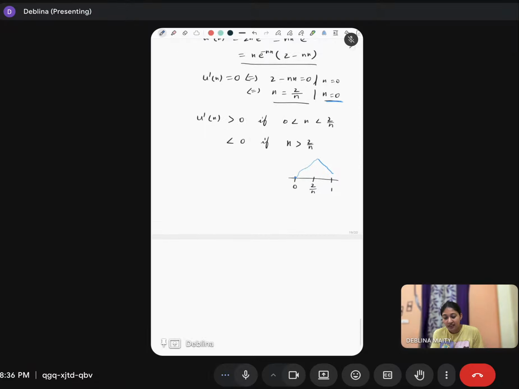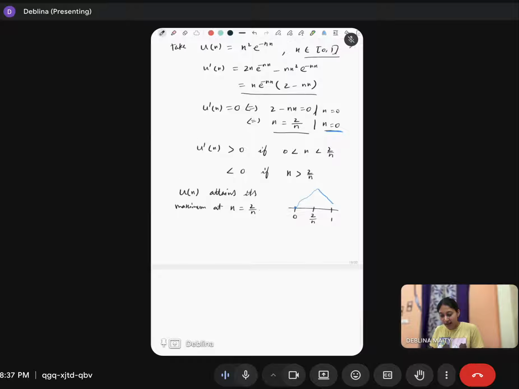Before 2 by n it is increasing, and after 2 by n it is decreasing. So this means 2 by n is a maximum point. So u(x) attains its maximum at x equals 2 by n.